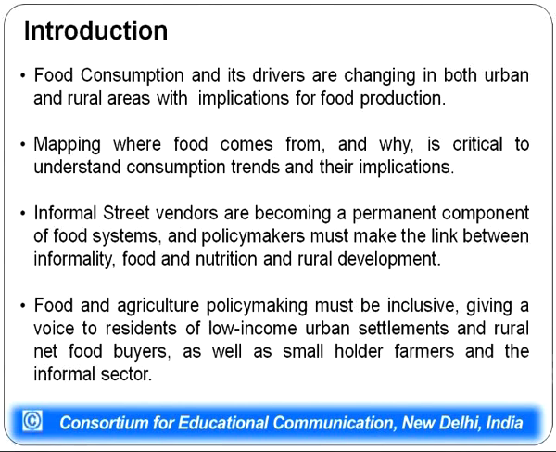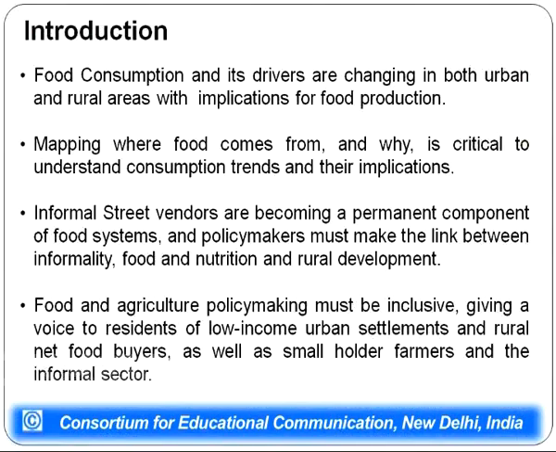It is very easy to understand trends and their implications through this process. As you know, informal street vendors are becoming a permanent component of the food system, and policy makers must take into account the linkages between informality, food, nutrition and rural development.